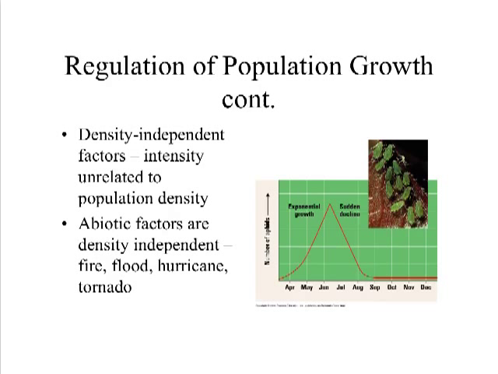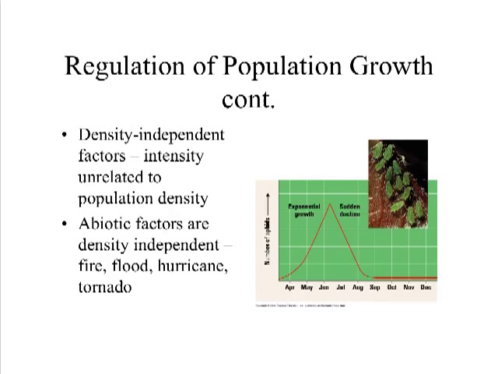Now, on the other hand, we have density independent factors. These ones are not going to be related to the population density. These are more like abiotic factors that are going to have an effect on population growth.